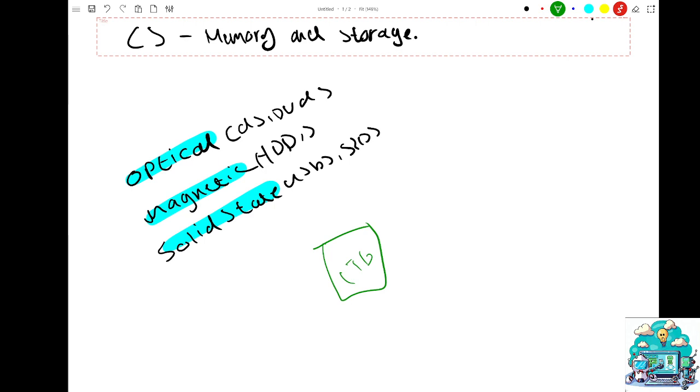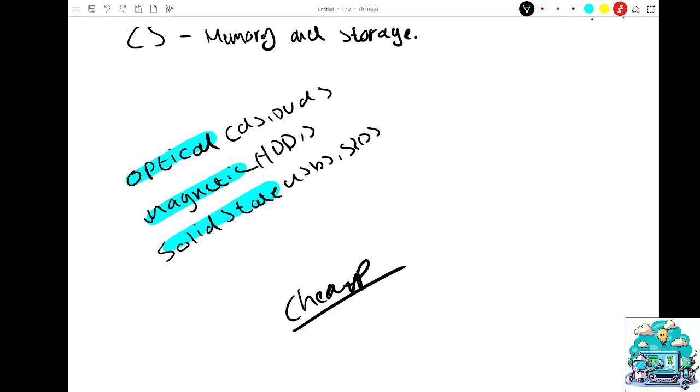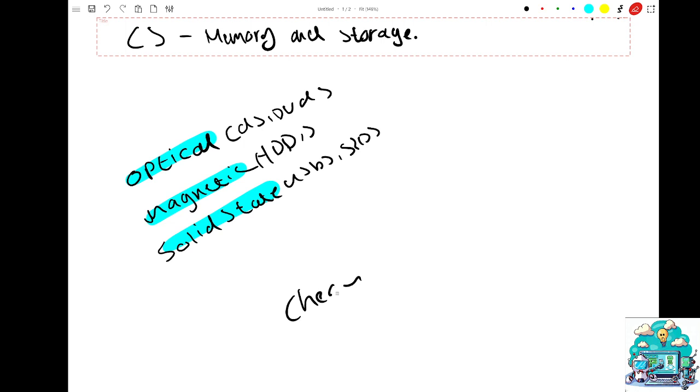Another factor to consider is cost. So cost for CDs is quite cheap. You can buy them in any stores for as cheap as possible, basically.